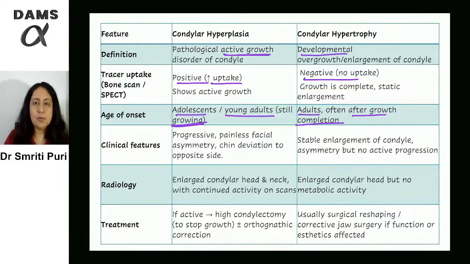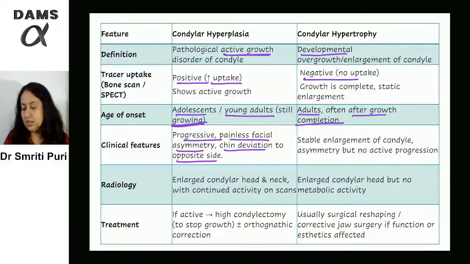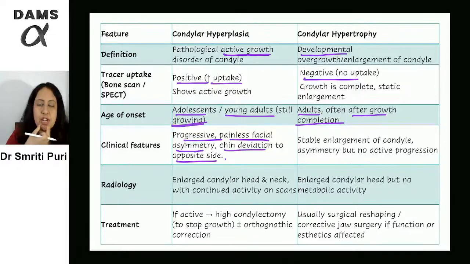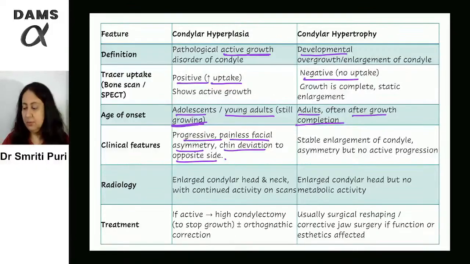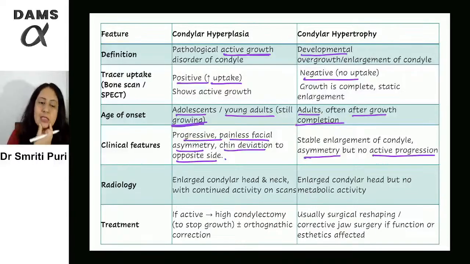Hypertrophy is prevalent after growth has completed. Clinical features: in hyperplasia, progressive painless facial asymmetry with chin deviation to the opposite side. The asymmetry will keep on progressing and getting worse from time to time. In hypertrophy, asymmetry would be there, but there would be no active progression. The patient will tell you this asymmetry has been like this for many years.